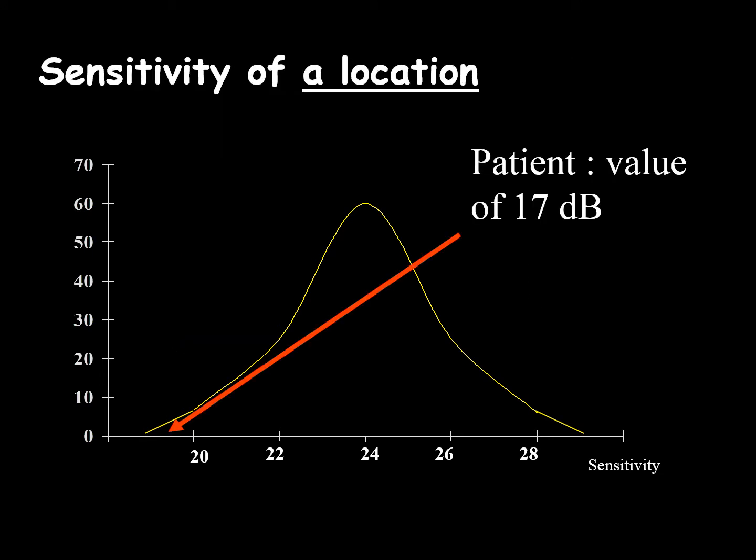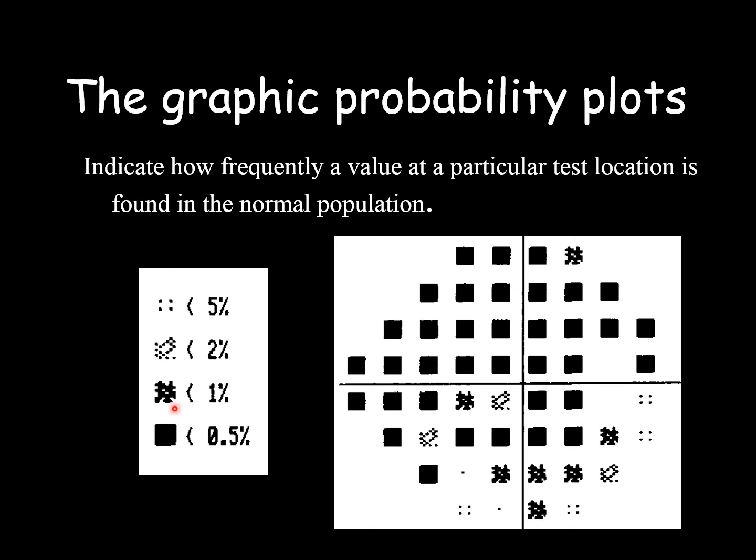Now, if in our patient one location gets a value of 17, then the software will compare it with the normal population, and 17 looks to be low, but this value occurs in 0.5% of the normal population. So we have this mark. This sign means that this point is of low sensitivity, but this value can occur in 0.5% of the normal population.